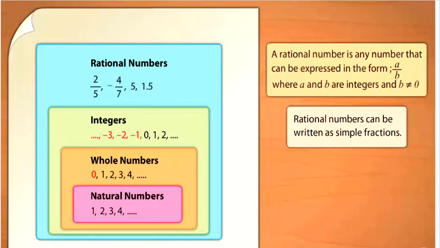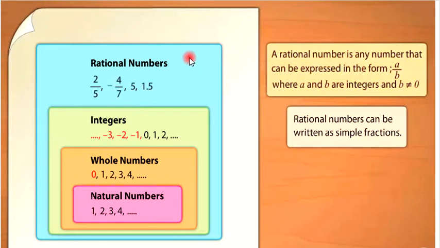However, the largest group of numbers called the rational numbers include fractions, which are mentioned as numerator upon denominator. So any kind of number that can be expressed in the form a upon b, where a and b are integers and b is not equal to 0, is a rational number.